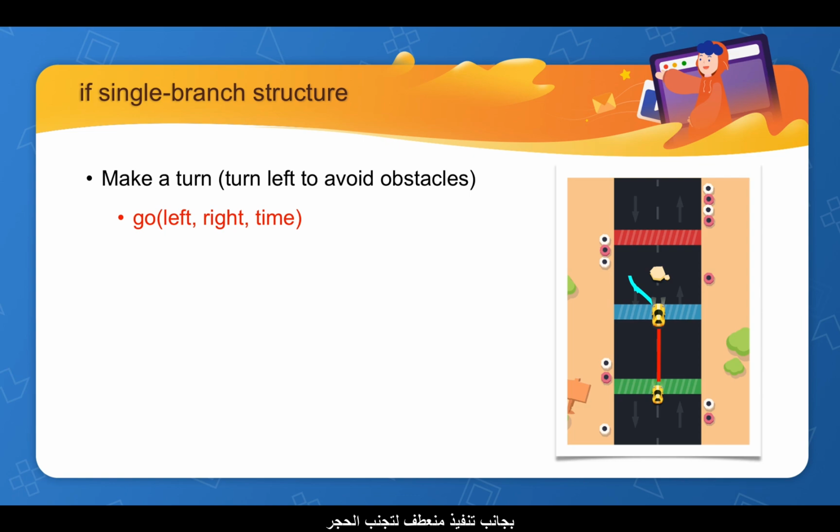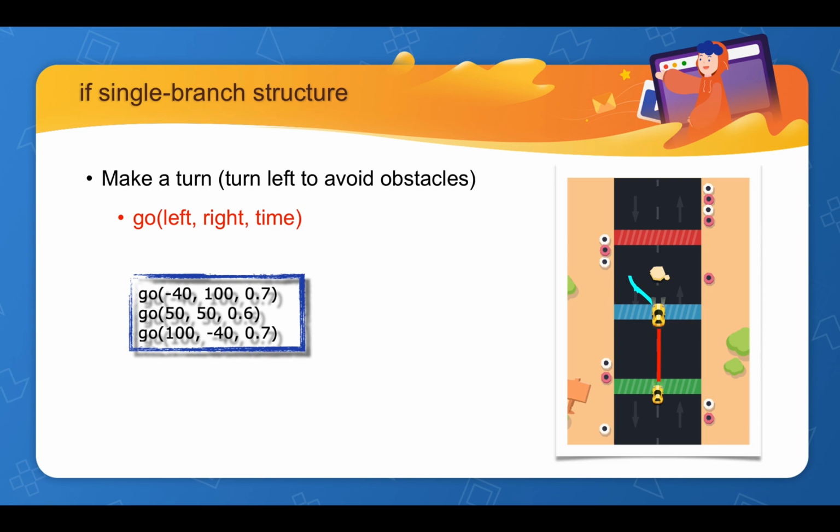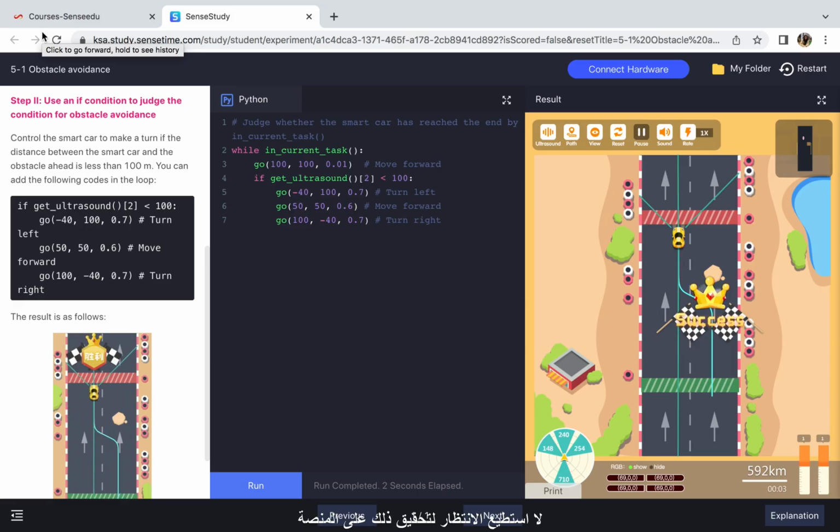Besides, to implement a turn to avoid the stone, what we can do is turn left for 0.7 seconds, then go ahead for 0.6 seconds, and then turn right for another 0.7 seconds. Can't wait to check it out on the platform.